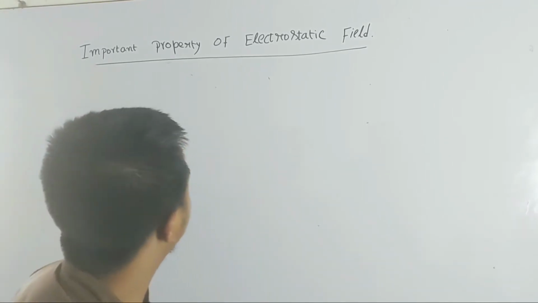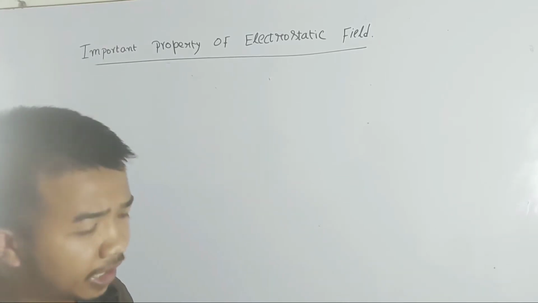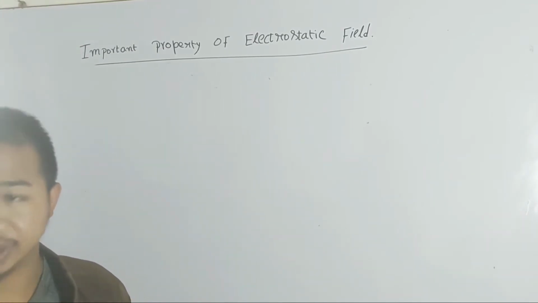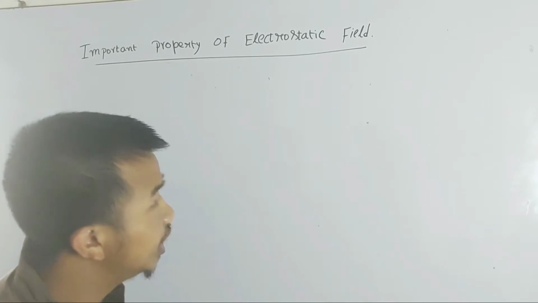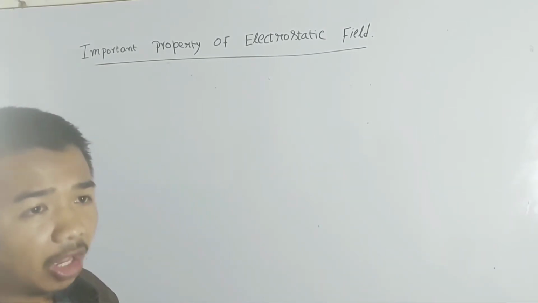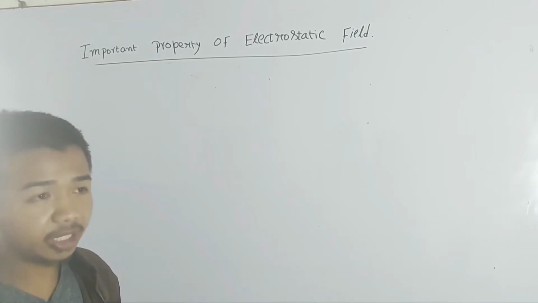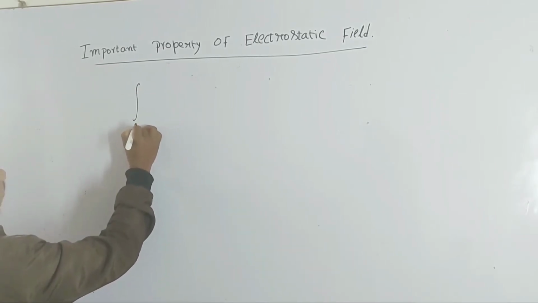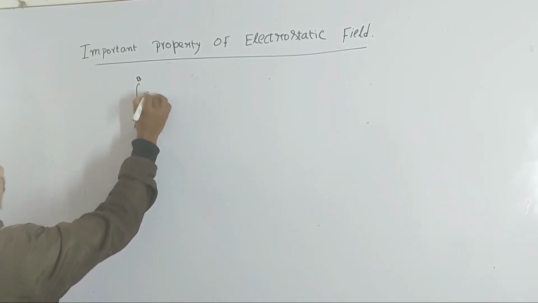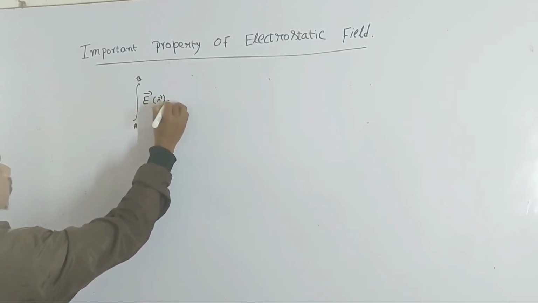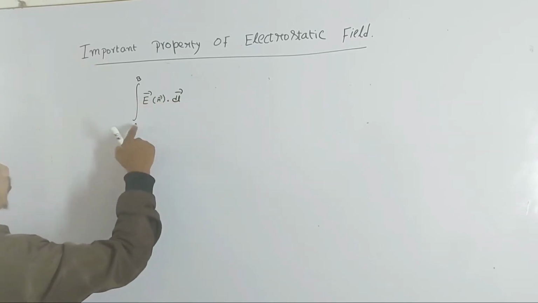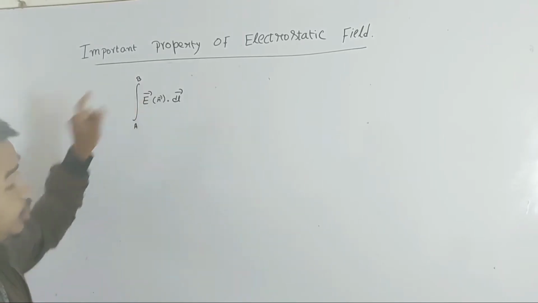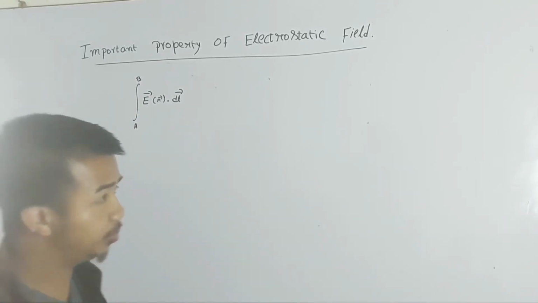One property of the electrostatic field is that the line integral of electric field from a point A to a point B depends only upon the endpoints A and B, but not on the path AB.